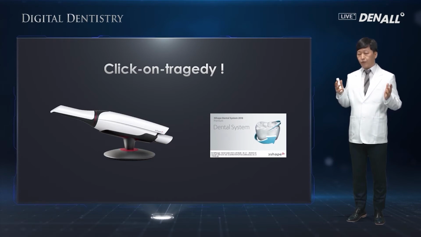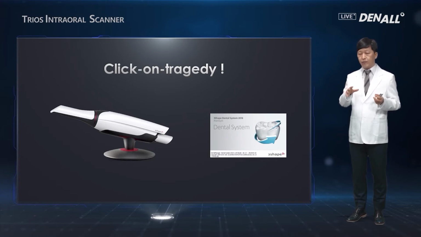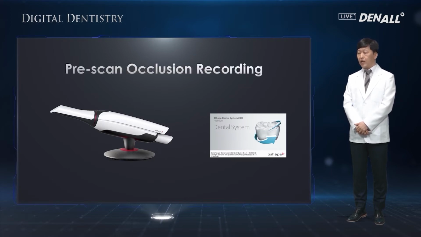Especially when you are a beginner embarking on a digital workflow, it's very important. When you do digital work, taking a lot of time, if the data disappears, it is a tragedy. I want to emphasize that this is the biggest advantage of using the Trios system and the dental system.